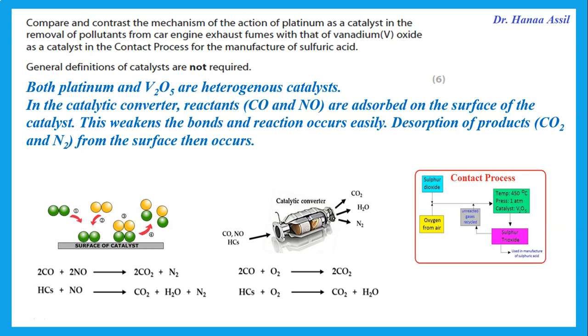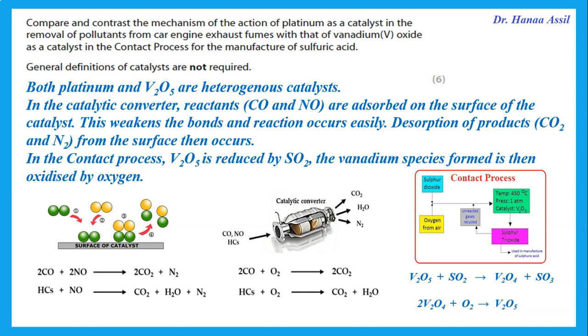Again, we have gases and the catalyst is a solid, so this is heterogeneous, but this acts in a different way. The V2O5 reacts with one of the reactants, which is SO2. So the V2O5 is reduced by the sulfur dioxide to form V2O4, and then the V2O4 is oxidized by the oxygen to regenerate the V2O5. So this is what happens in the contact process.